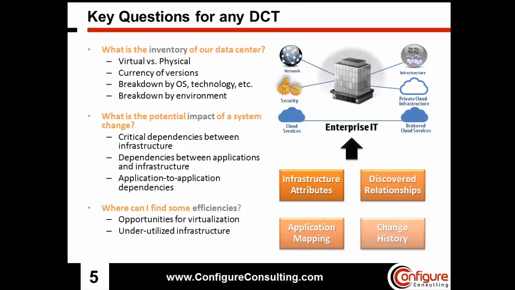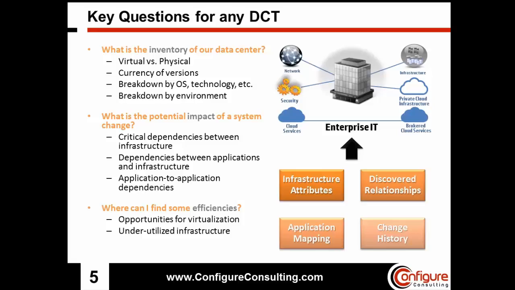Increasingly though, we're finding organizations are turning to the UCMDB as well as other configuration management databases for discovering and mapping out a lot of these critical relationships. And that's something we'll cover as we move through the presentation some more. And finally, organizations are consistently looking for efficiency gains in infrastructure tools and processes.